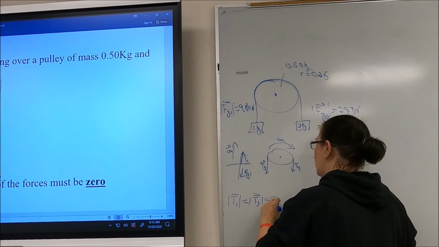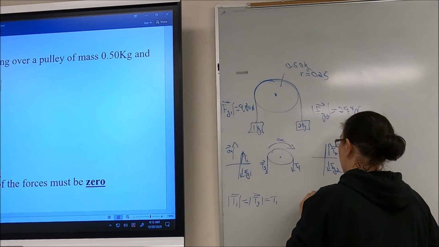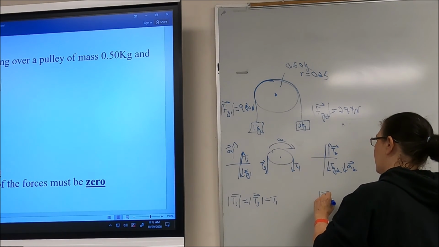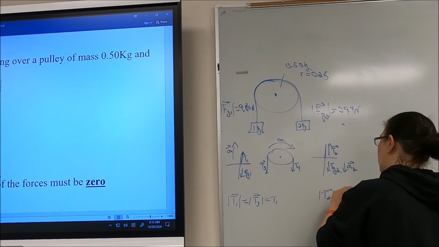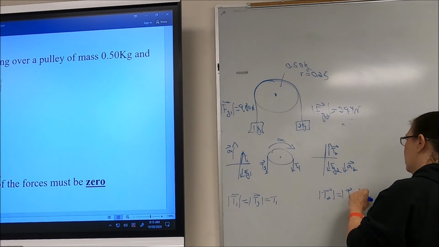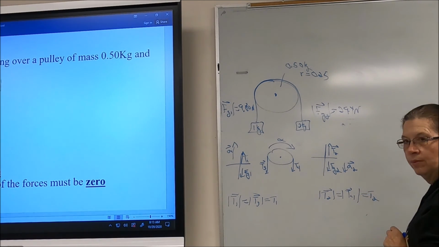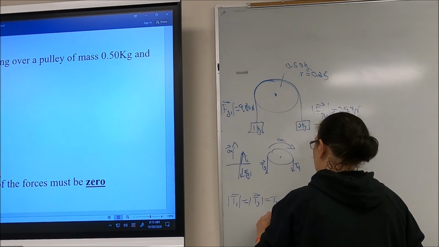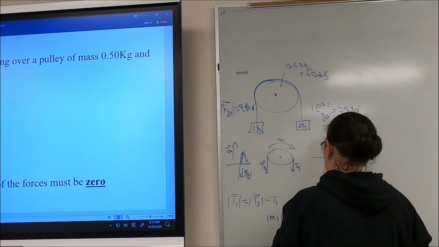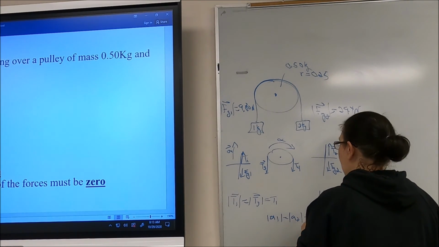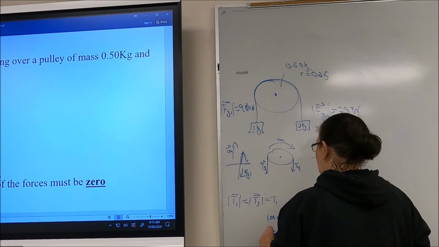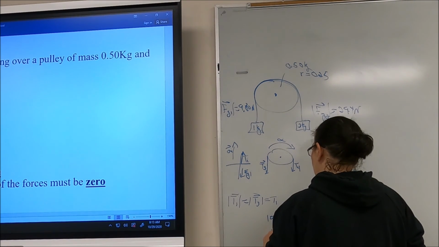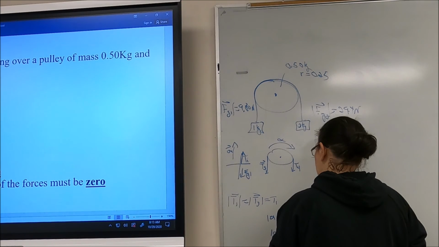I'm going to call its magnitude T1. Over here, I know that the magnitude of T2 is going to equal the magnitude of T4. I'm just going to call that T2. Okay? I know that the magnitude of A1 has to equal the magnitude of A2. I'm going to call that A. And I know that the magnitude of alpha is going to equal A over R.